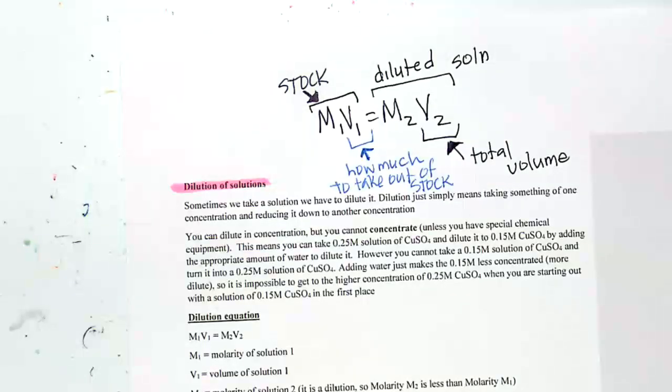So if we dilute this, are we going to get a higher or lower concentration? Lower. So let's make a new solution then. How much do you want to make? Give me a volume. 400 milliliters.